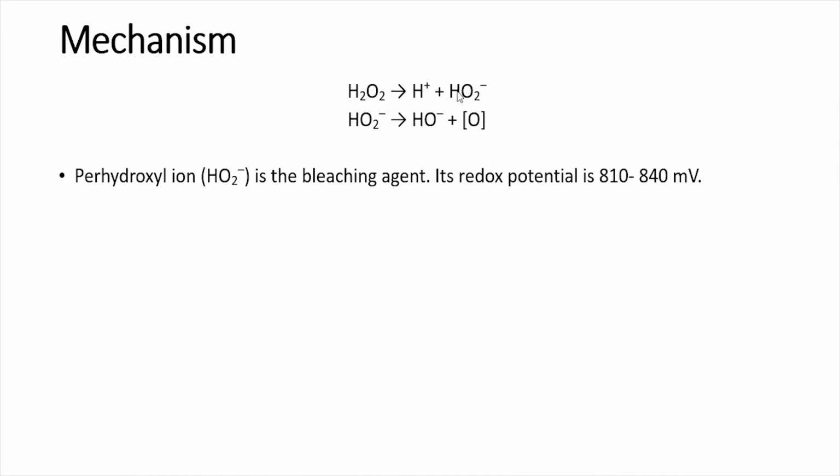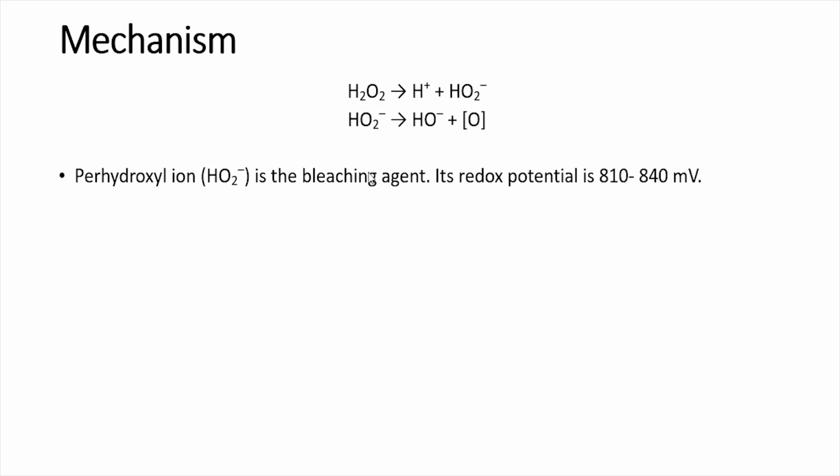The perhydroxyl ion is what produces the nascent oxygen. So the perhydroxyl ion is very important for hydrogen peroxide.